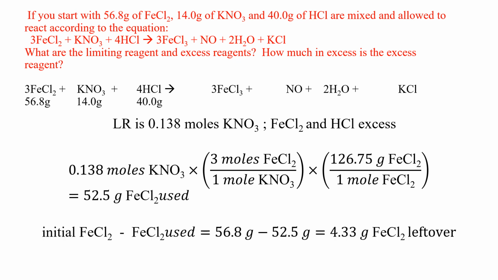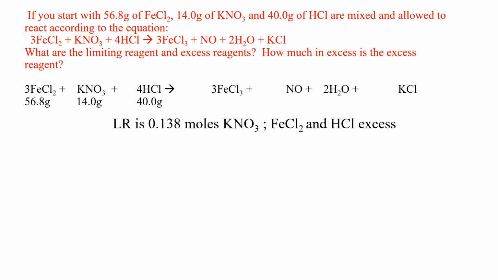So to find out the leftover amount, I will have my initial minus the used amount. So it's going to be 56.8 minus 52.5. That will give me 4.33 grams of iron 2 chloride left over.